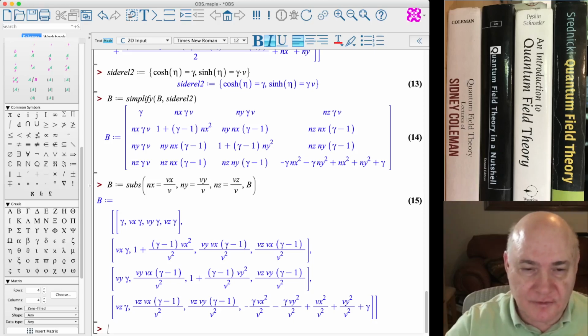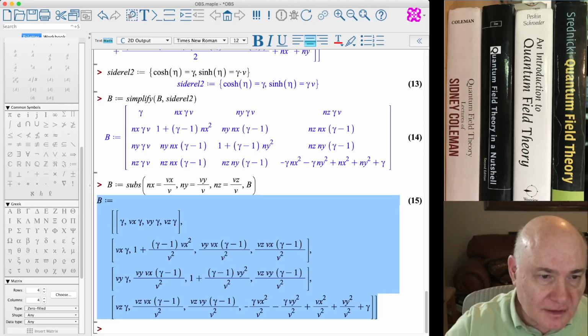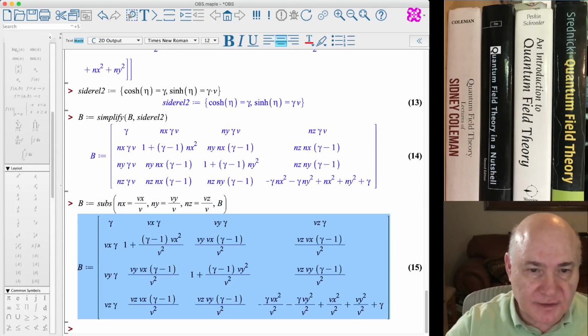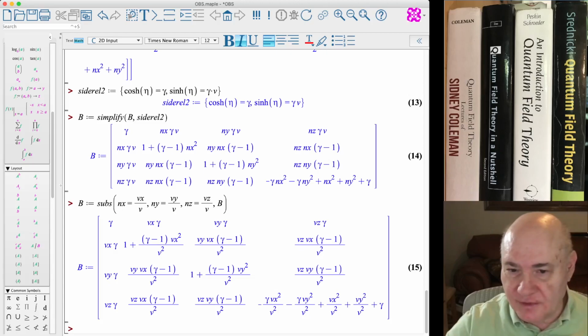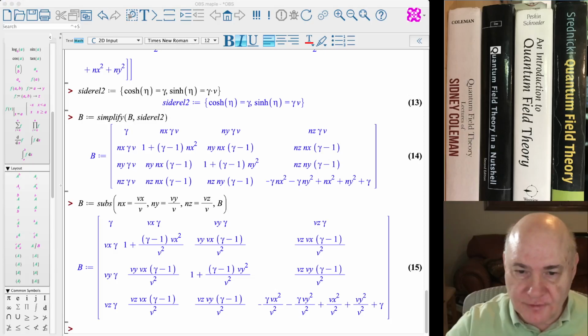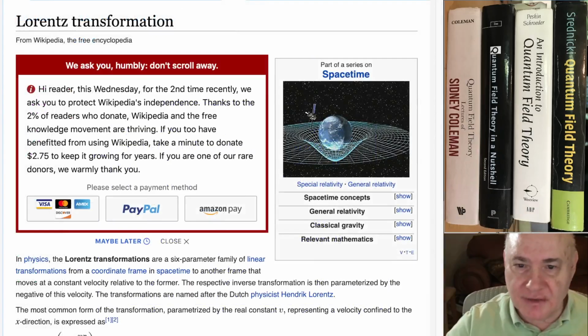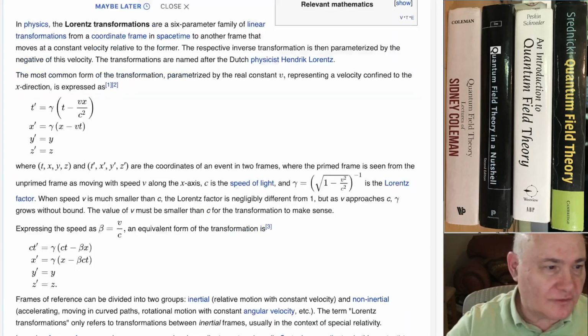I'm not using the total width here. So now we'll display it as a matrix when it has enough room. And again, we have this funny thing here, but you can compare this. For instance, let's look on the Wikipedia page for Lorentz transformations.